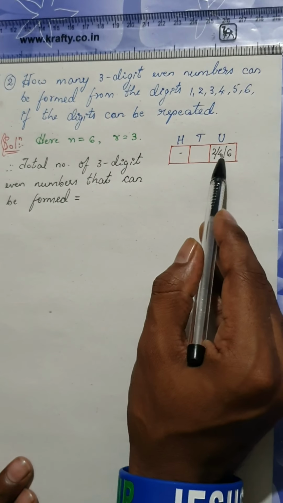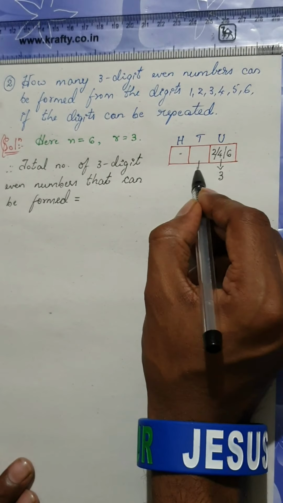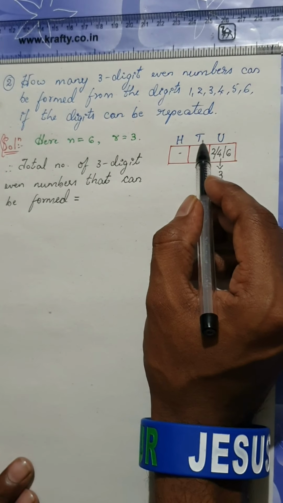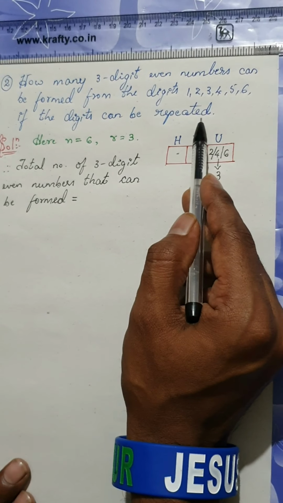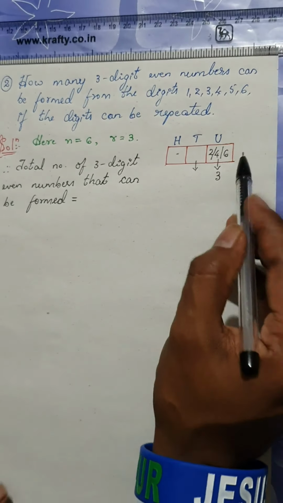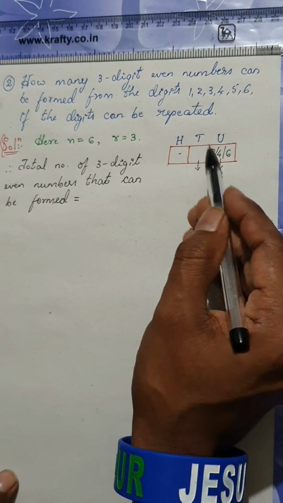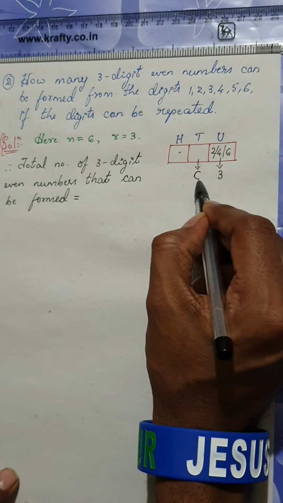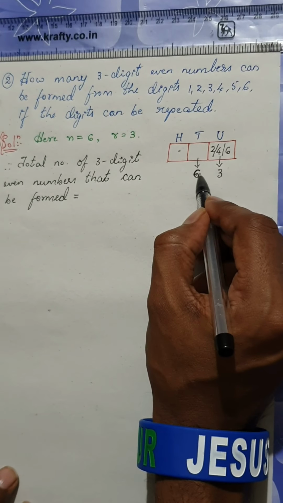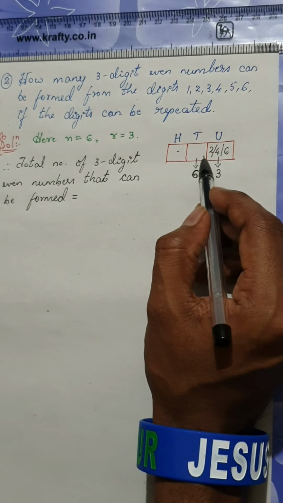Once any number is taken here, there are no restrictions for the tens place. Again, please check: he is telling you the digits can be repeated. Because the digits can be repeated, once one number is fixed, you can still take the same number here. So I can pick any of the 6 digits here. No restrictions for the tens place.